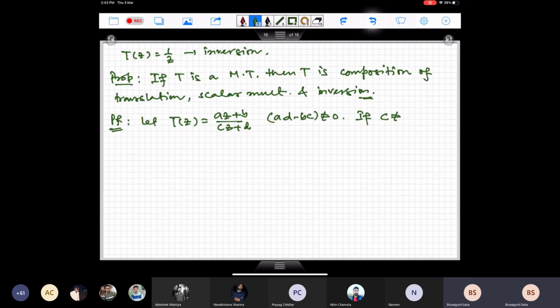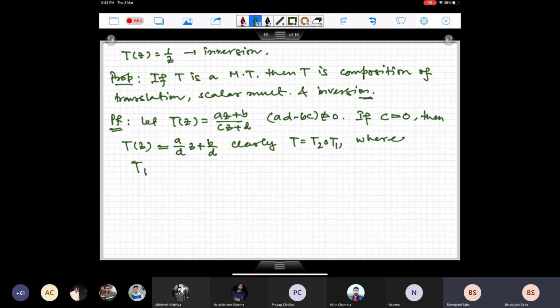Okay, so if C is equal to 0, let's say, then clearly you can see that T of Z is (A by D) Z plus B by D, right? So clearly T is T2 composed with T1, where T1 sends Z to (A by D) times Z, and T2 sends Z to Z plus B by D. Right?